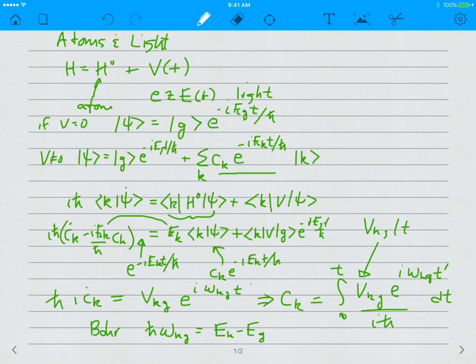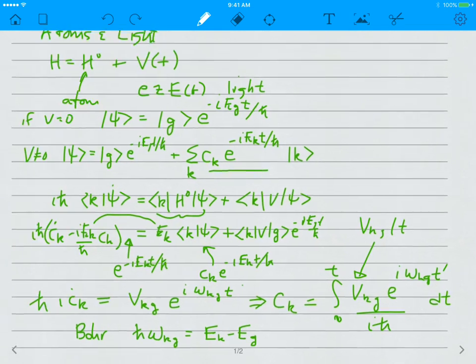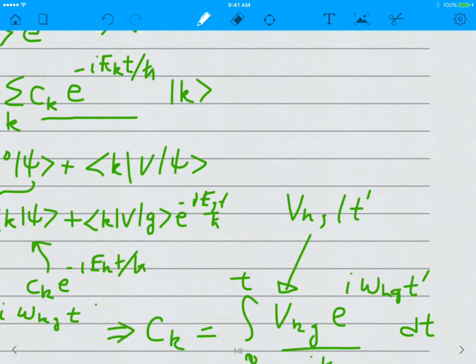V_kg of t prime for t prime greater than t is 0, and V_kg of t prime less than 0 is also 0.